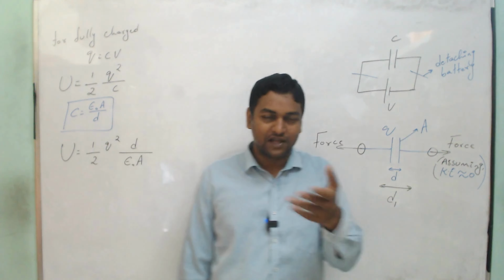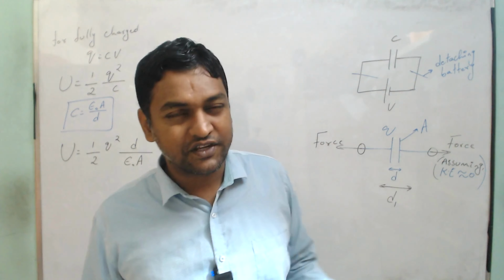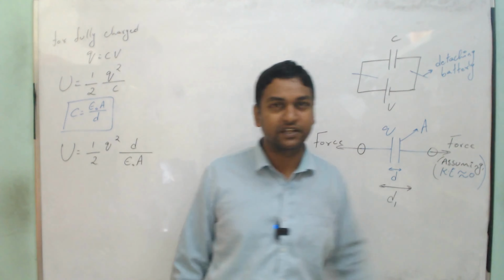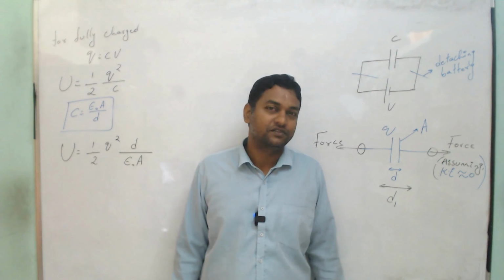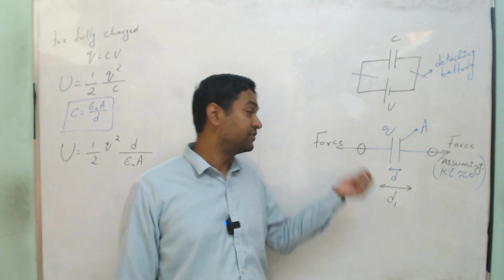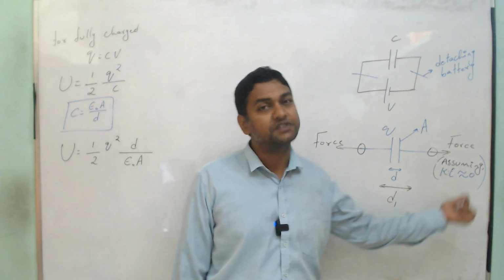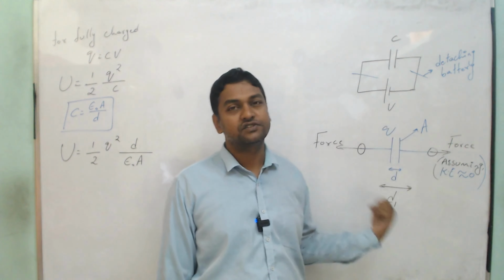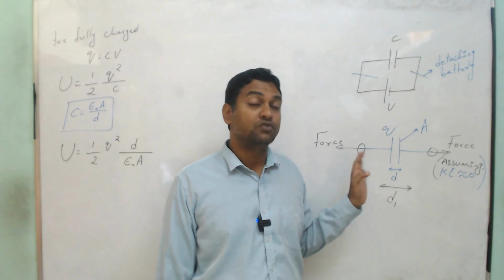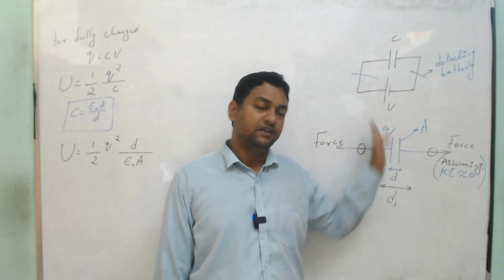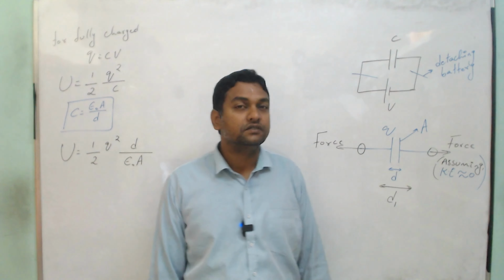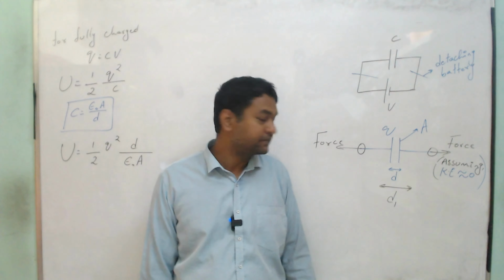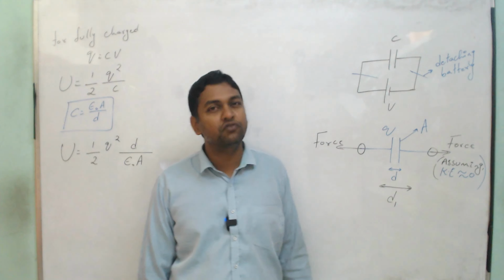I told you mass requires free space to move, whereas charges require continuous material medium for flow, right? So if it would have been a closed circuit, then the charges would flow. Because it's not a closed circuit, it is cut from both ends and there is no passage for charges to flow. Therefore, the Q is same.